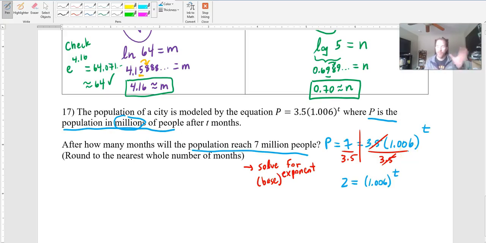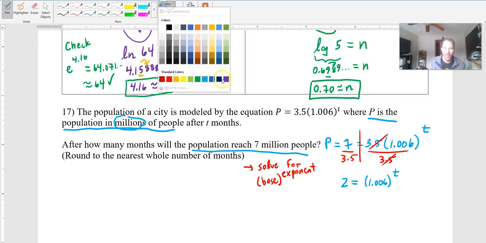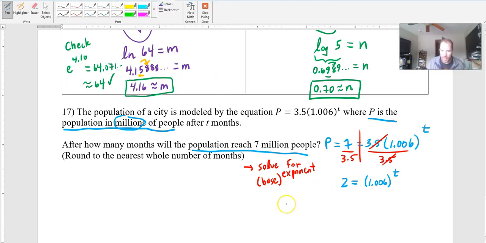Now this looks like the previous four that we've done. So I encourage you, if you haven't, pause the video and try the rest on your own. But here we go. I'm going to change this to log form. This would be log base 1.006. We're switching the 2 and the t when we put the logarithm on there. So log base 1.006 of 2 equals t. That's an exact answer.